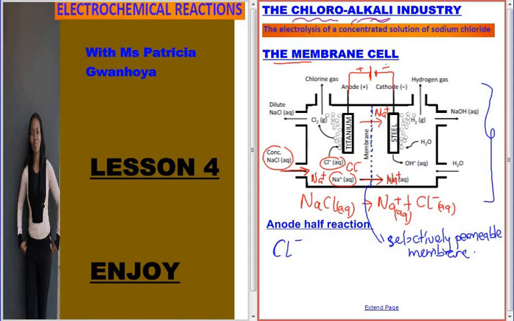So if something is oxidized, it loses electrons. So the chloride is going to lose that extra electron that it has. But like I've already indicated earlier, you need to have 2 of them, because chlorine will only look good with a 2 over there. So since there are 2 of them, you will also get 2 electrons. So this right here is what is happening at the anode.